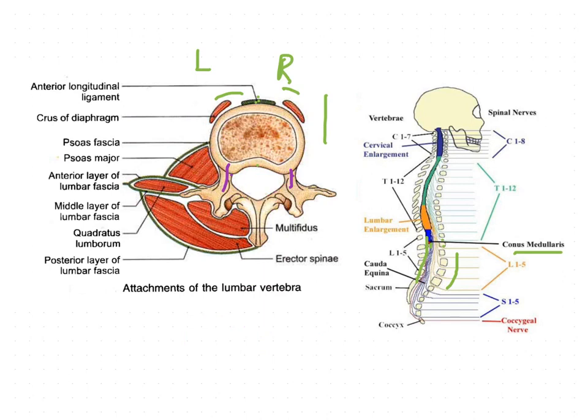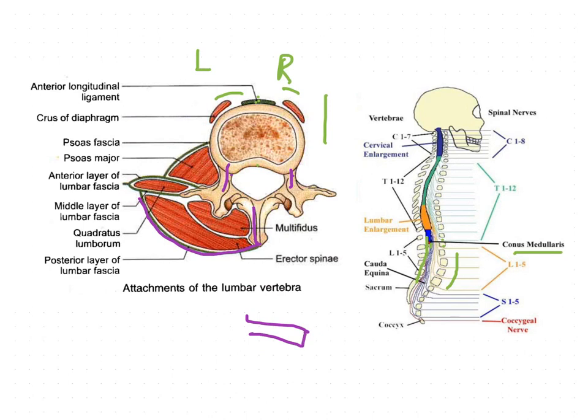And the spine, if you come to the spine, provides attachment to the posterior layer of the lumbar fascia, and also it is attached to the interspinous and supraspinous ligaments.